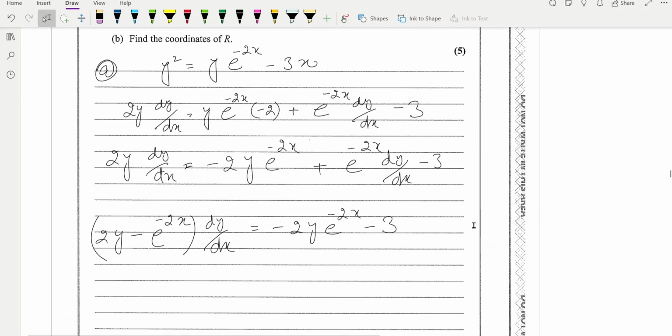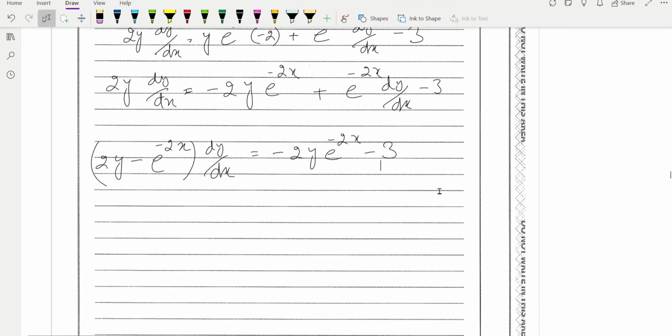This is the remaining part. Now we need to find dy over dx, so we'll shift the coefficient of dy over dx to the other side as denominator, so it will be minus 2y e raised to minus 2x minus 3 divided by 2y minus e raised to minus 2x.